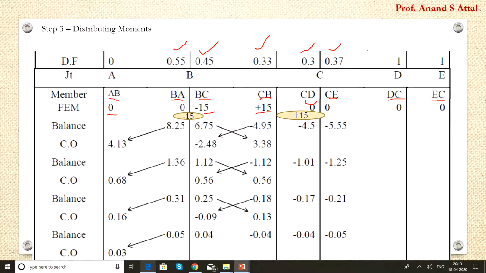We already found these in the last slide. As we studied in the distribution factor definitions, for a fixed end the distribution factor is 0, and for a hinge or roller it is 1. Here it comes 1 as it is hinge, and as A is fixed, on A it comes 0.